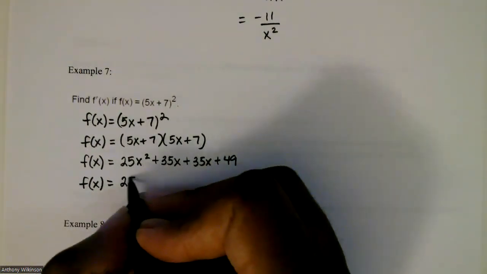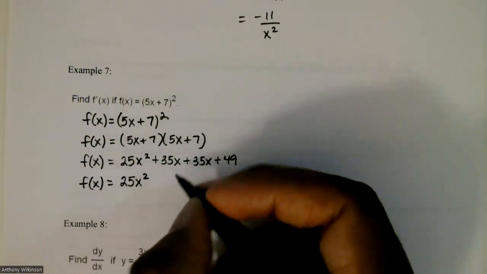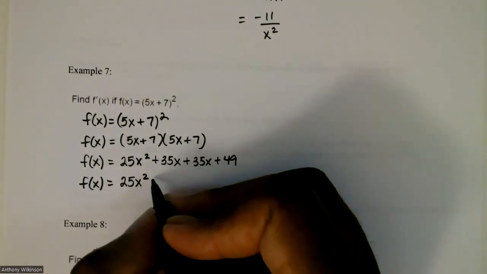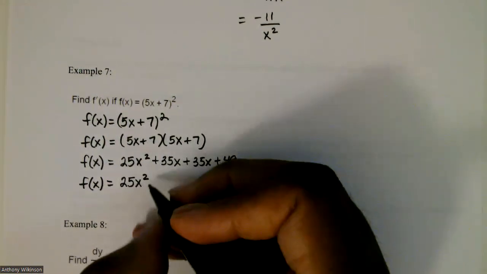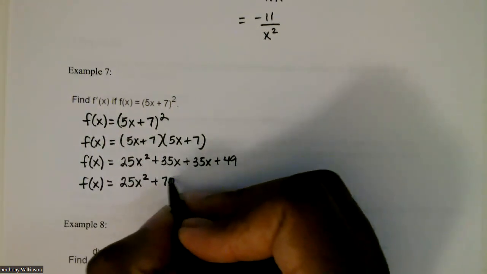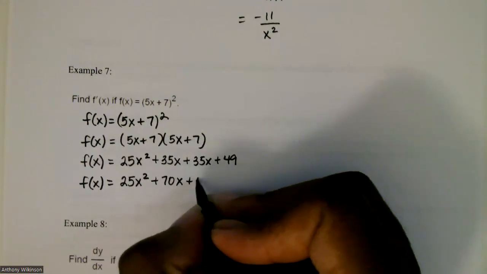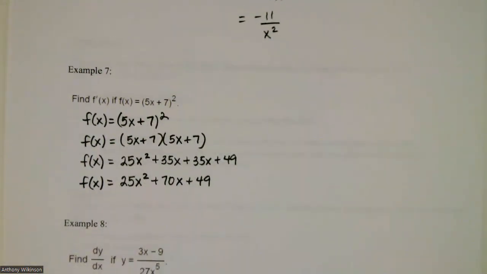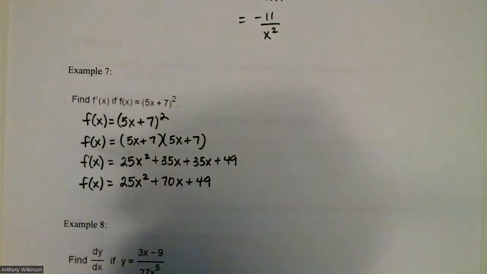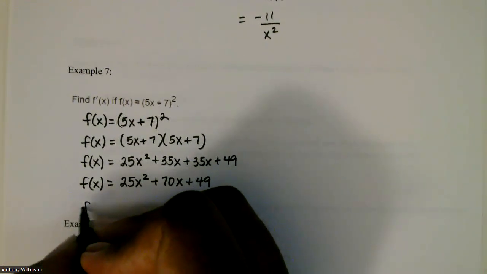So here f of x will be equal to 25x squared. 35x plus 35x plus another 35x will be plus 70x, and then plus 49. So that's what f of x is. 25x squared plus 70x plus 49. Expanded, by the way. Now we can take its derivative.